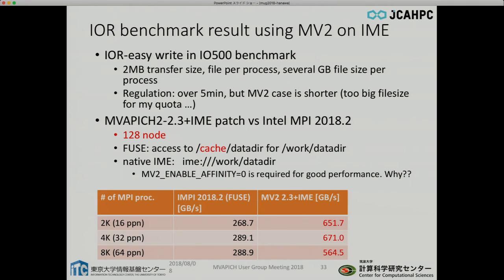He says he gets very poor performance. But in this case, we use core number 0. If we exclude core number 0, the performance is much better with affinity equal 1. But I haven't tried.